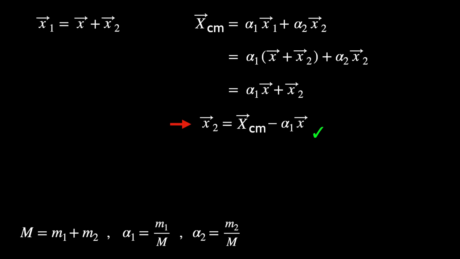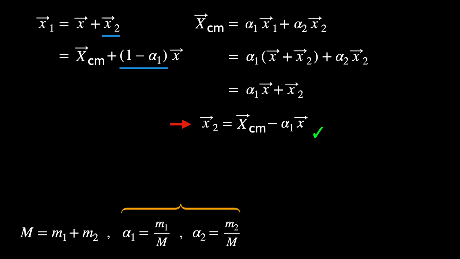Thus we have x2 in terms of x and x_cm. Substitute this result back into the expression for x1. From the definitions of alphas, this factor is just alpha 2.